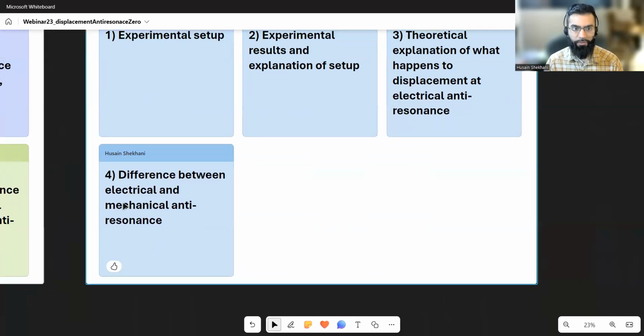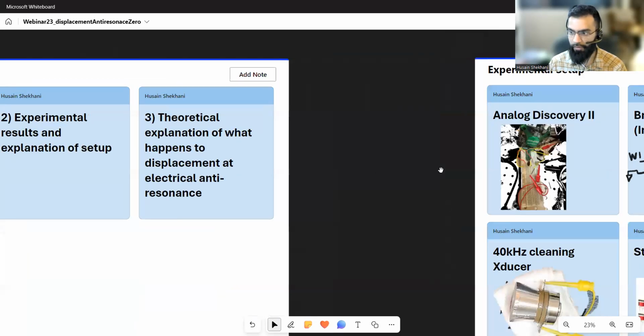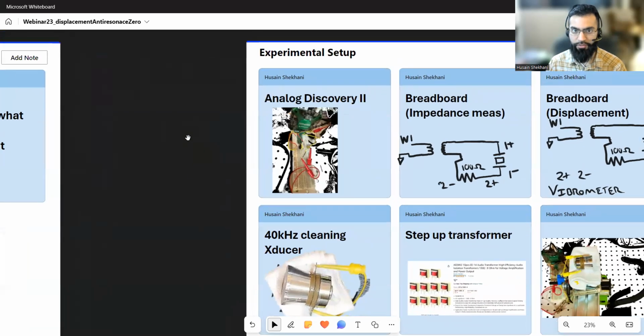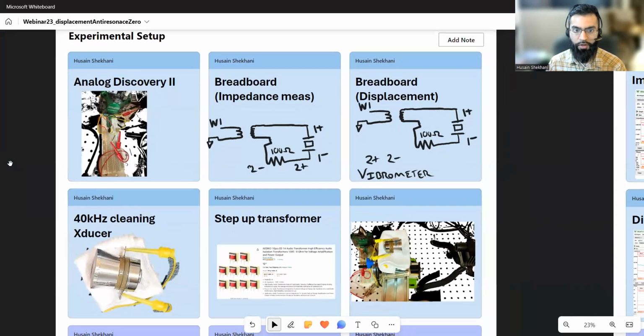Then I'll end up talking about the difference between electrical and mechanical anti-resonance, and I will also provide data for that. Please go ahead and ask any questions that you have as I'm going along. Maybe I missed something, or maybe you're just curious about a specific topic.